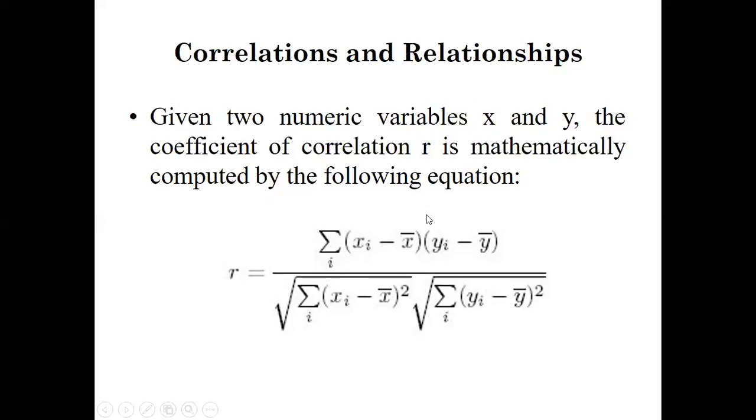X bar is nothing but the mean of x, and y bar is the mean of y. To find the correlation coefficient, sometimes we call it the Pearson coefficient. Remember the term r. R is the correlation coefficient. It is also called the Pearson coefficient. This is the formula used to compute the correlation coefficient.